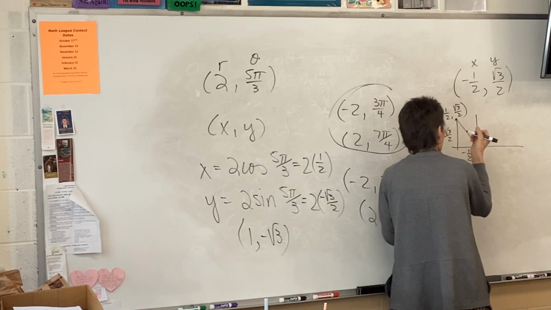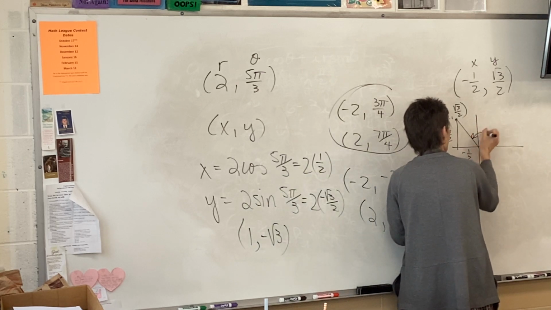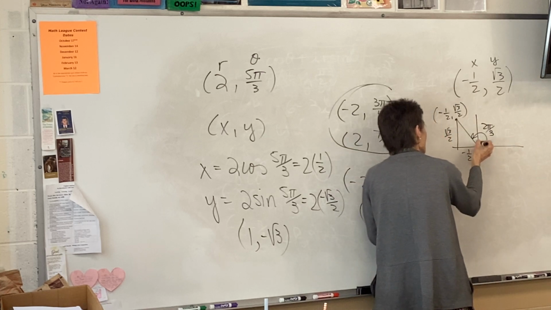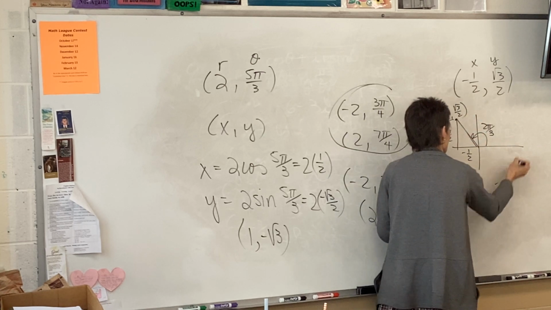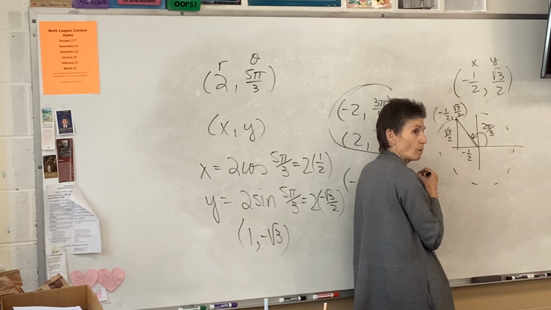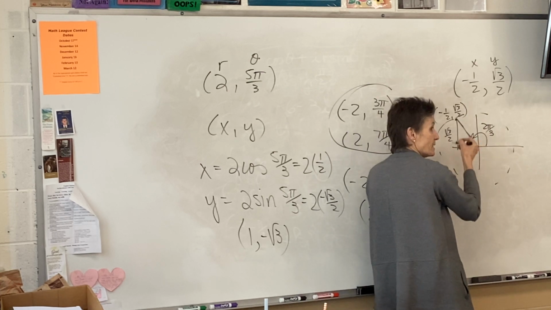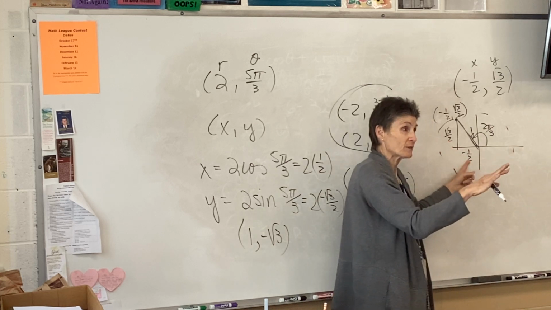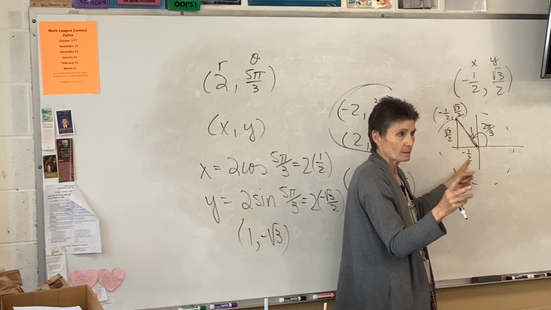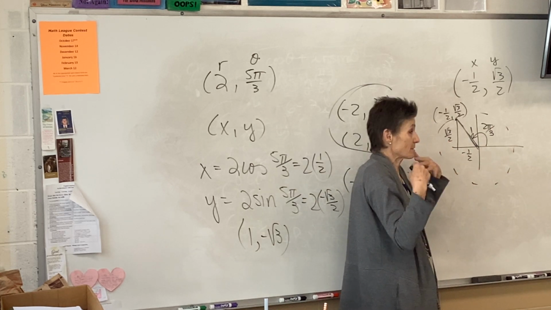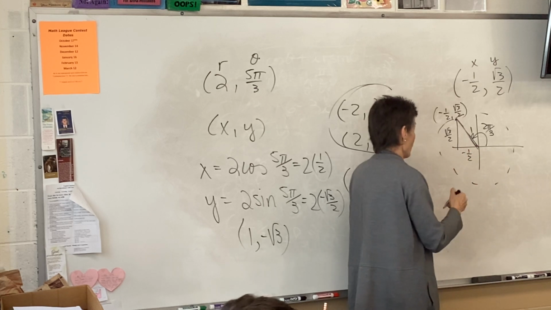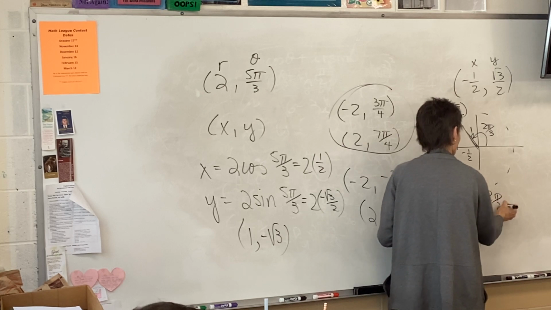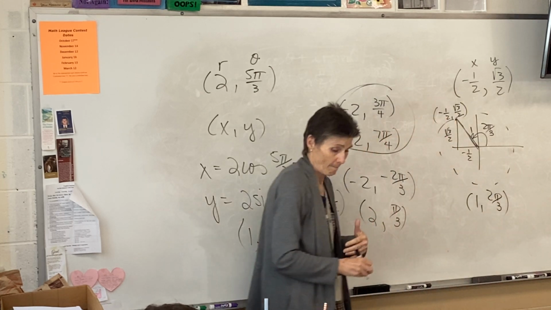And not only that, the angle theta is 2 pi over 3. But isn't that point on the unit circle? Isn't that one of our points? Which means the radius is 1. Now, you could do the Pythagorean theorem to figure that out, but since it's one of our points on the circle, I won't. So what are the coordinates of my point? 1, comma, 2 pi over 3.